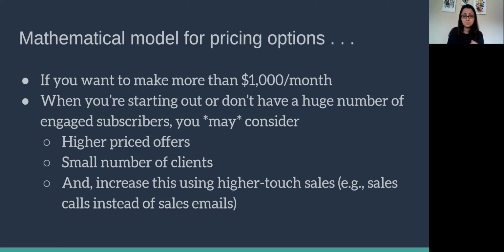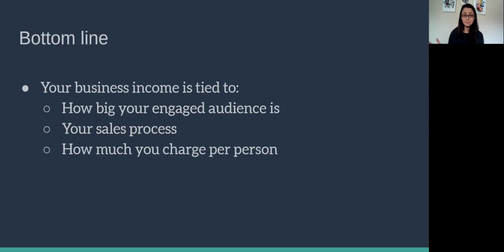And then you give them great customer service, you improve the program, you improve your sales process, and you relaunch it. So the bottom line, your business income isn't just tied to what is your value or what feels right. In my opinion, your business income is tied to how big your engaged audience is.